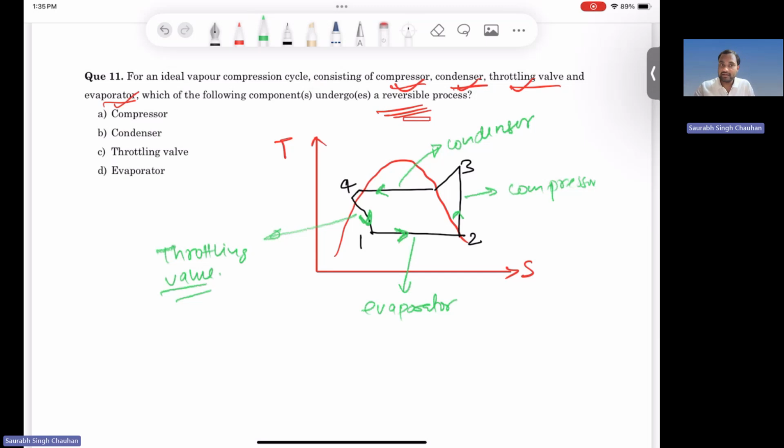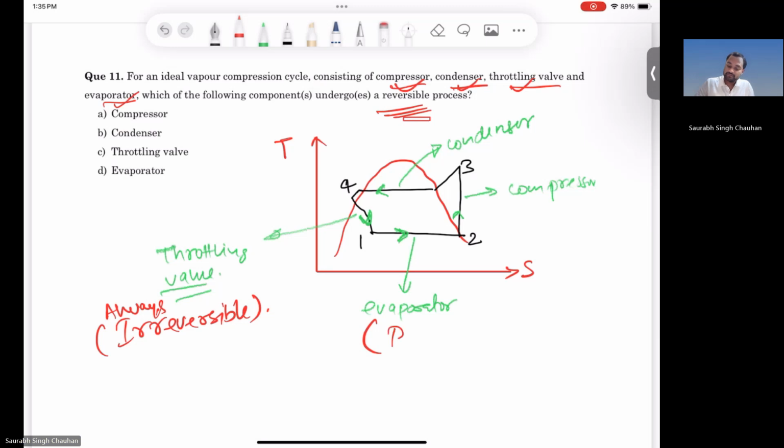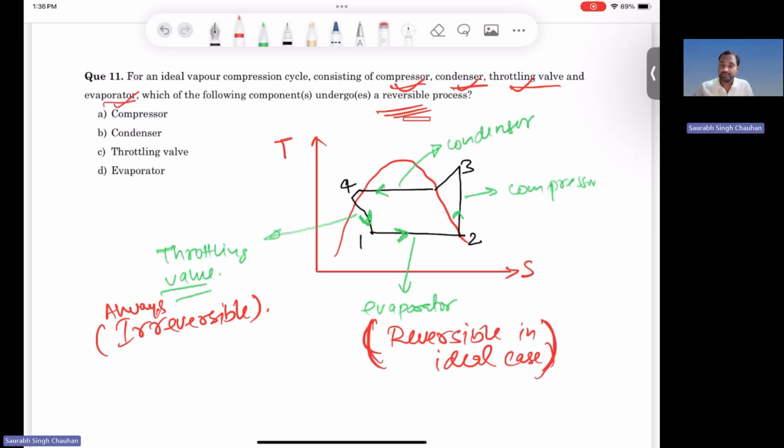In an ideal vapor compression system, all the processes are reversible except the throttling process, because the throttling process is always irreversible. The evaporation process can be reversible in the ideal case.